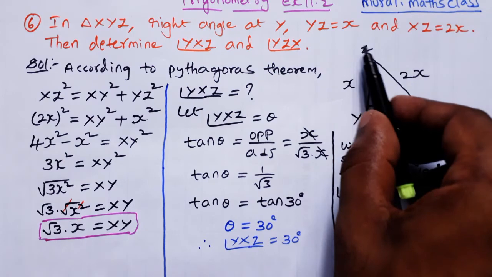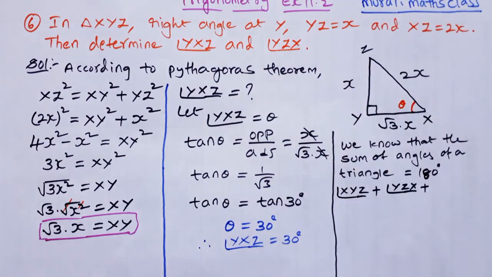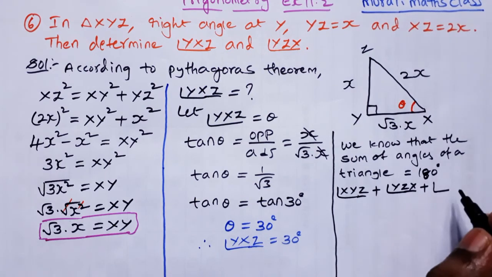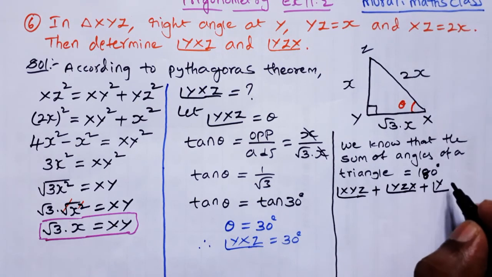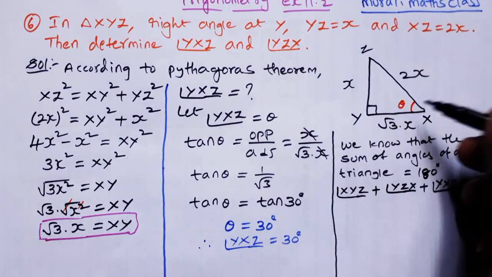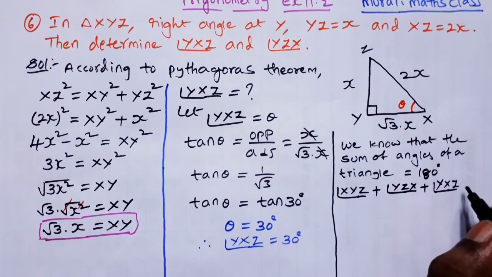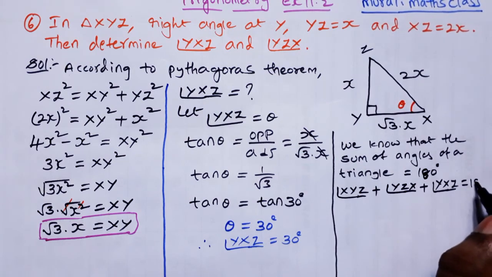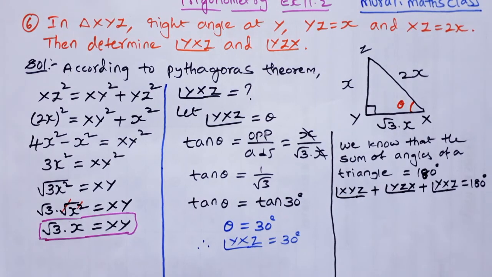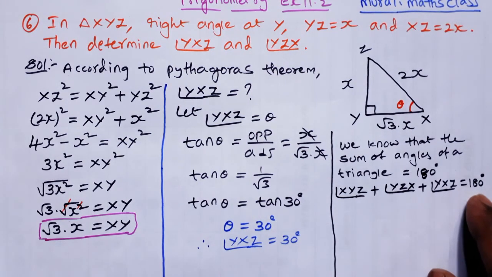Y, Z, X, this angle. That only you have to find now. Third angle, Y, X, Z, this angle. This is the third angle. Total how much we have to get? 180 degrees we have to get.